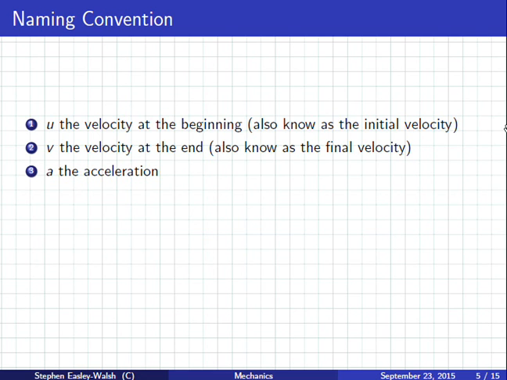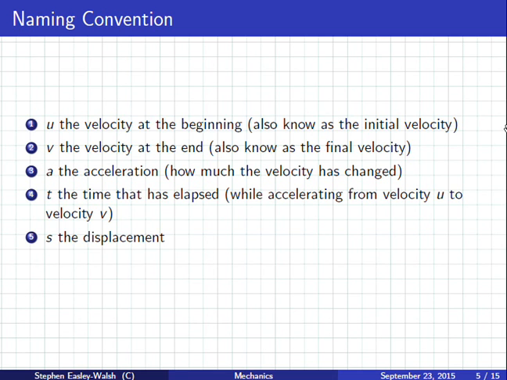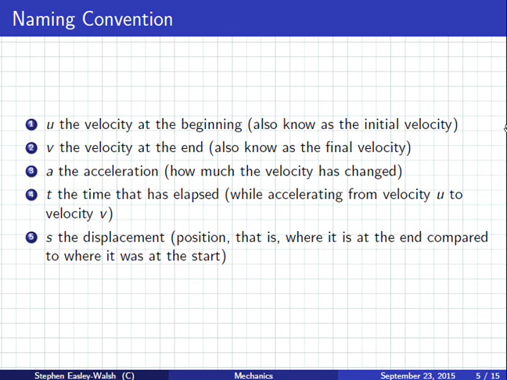Acceleration. And T, of course, is time. No surprise there. And then lastly is S, and S represents the displacement. That's the position. Okay. Even if you know them, just at least write down the A, T, S and one or two words beside them.